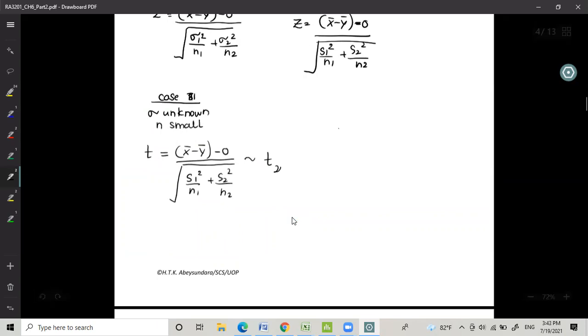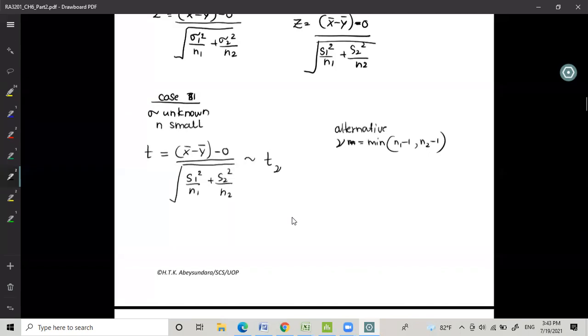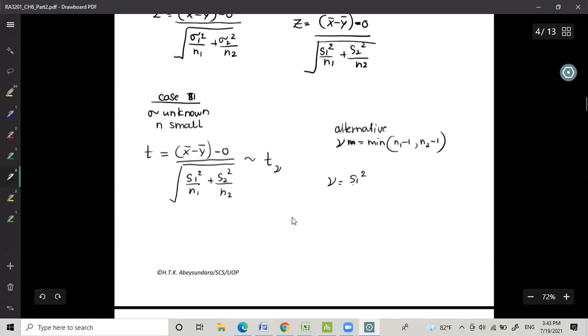An alternative way is to use mu as the minimum of n1 minus 1 and n2 minus 1. Okay, that's like a shortcut, or whenever you have no other option, you can go for this. But actually, the degrees of freedom mu will be calculated using this equation.